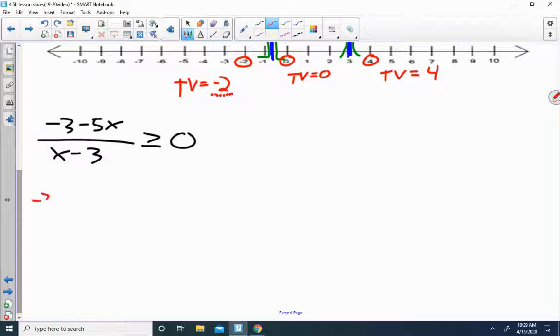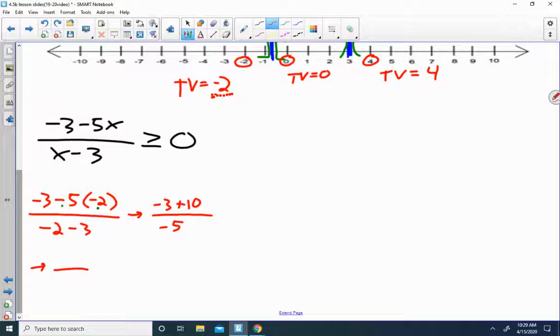So -3 minus 5 times -2, because that's what we're plugging in, all over -2 minus 3. Simplify from there. On top, we have -5 times -2, which will actually make that plus 10. So -3 plus 10. And on the bottom, -2 minus 3 will give you -5.